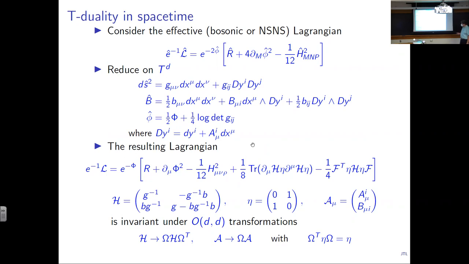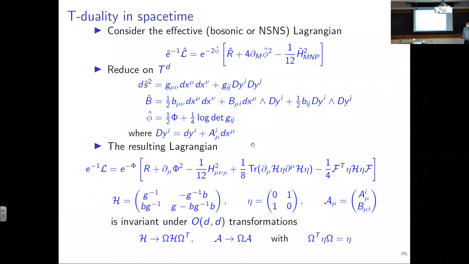This is the scalar kinetic term, and this is the U1 fields, basically. The way everything is grouped together makes O(D,D) manifest. The scalar matrix, or the generalized metric over here, transforms as omega H omega transpose, where omega is an O(D,D) matrix. I didn't write down F; F is dA, of course, the field strength.